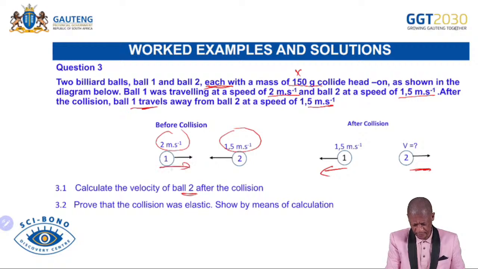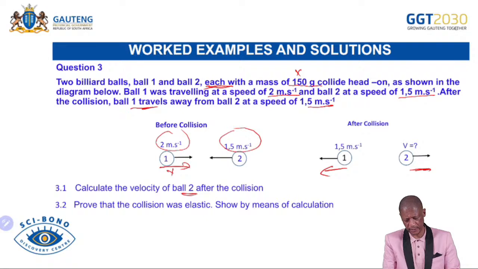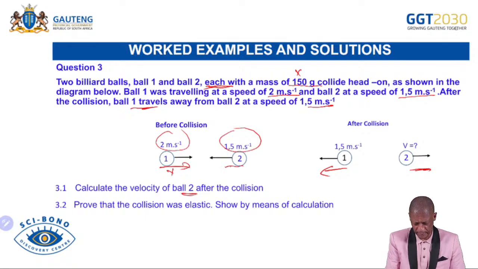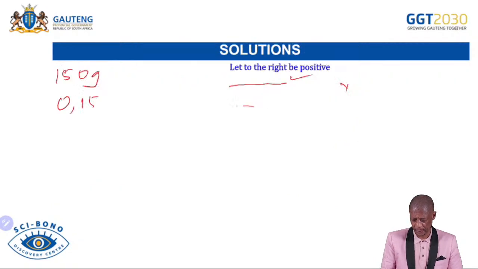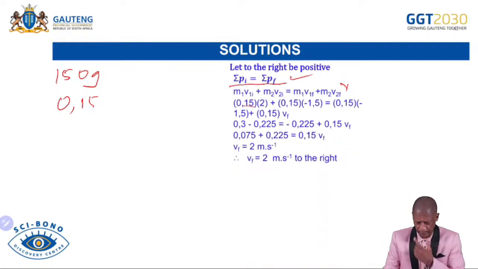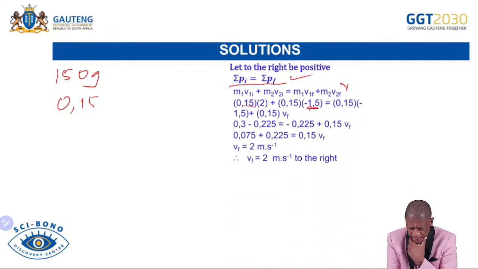This one is going to be in the direction east, positive. This one in the direction this side, which is west, negative. So it's going to be one negative and the other positive, because they are approaching one another. Take east as positive, then west will be negative. Hence we put a minus here. The minus is a direction. Remember, velocity is a vector, so that minus represents the direction, west. Now we've got this one.